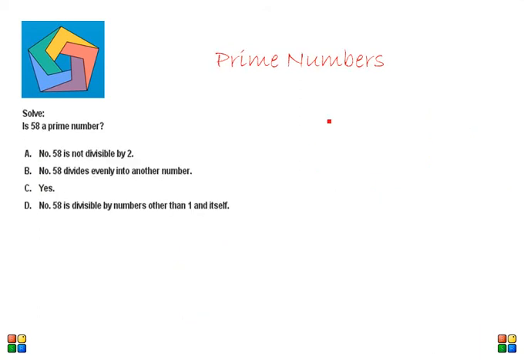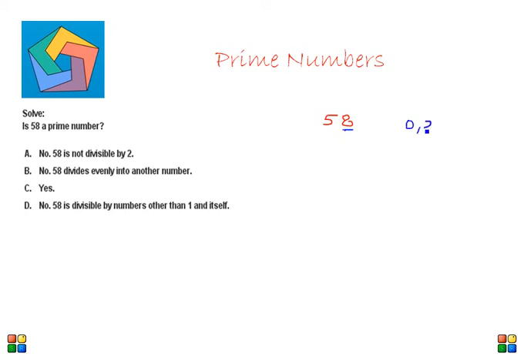Here we have the second question, 58. Okay, first have a look, and we need to see whether it is a prime number, whether it is an even number. If it is, then it will be divisible by 2, and we know that all even numbers greater than 2 are not prime numbers.